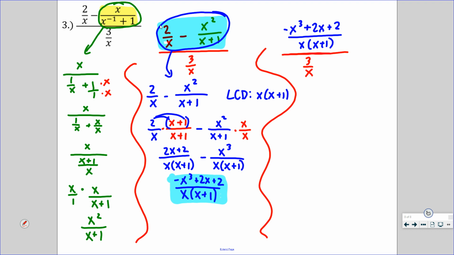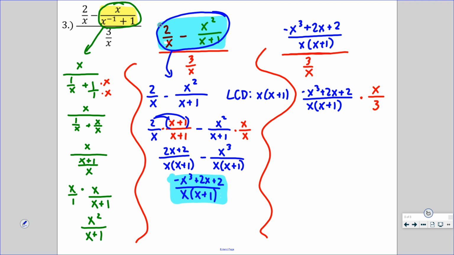So as long as your numerator and denominator are one fraction, you can keep, change, flip. Keep the numerator. See why we have to do multiplication and division before we can do adding and subtracting? Change to multiplication, flip the denominator. Times reciprocal.